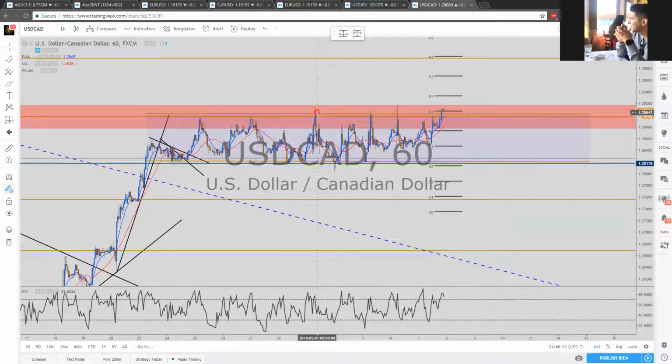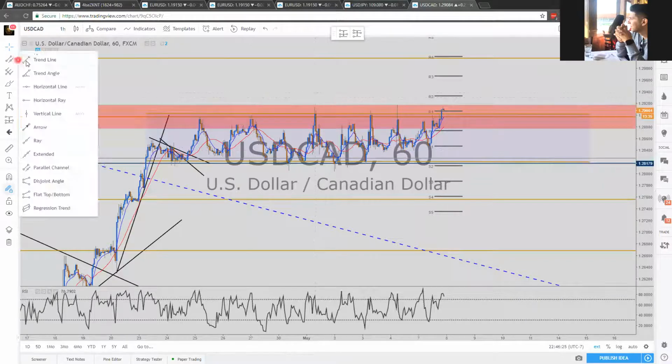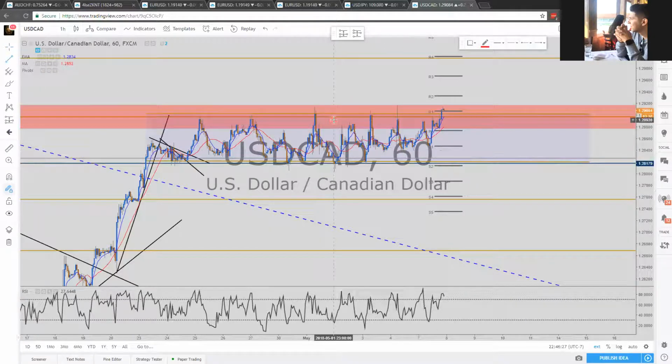So all of these areas, buyers were coming in and sellers pushed the market down. Same thing with the bottom. We can see wicks. Right here in this area, we don't really see wicks. That means price might actually be shooting up. So normally the price does move about the distance of the consolidation moving up once it breaks through.